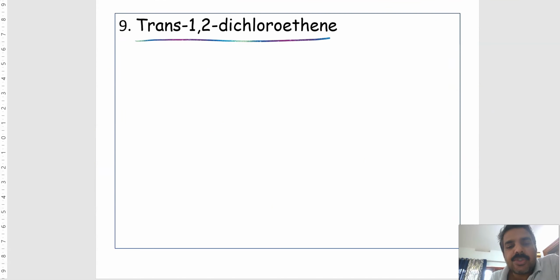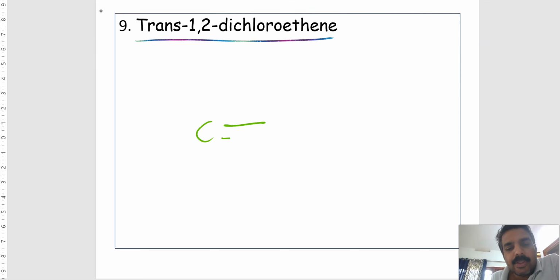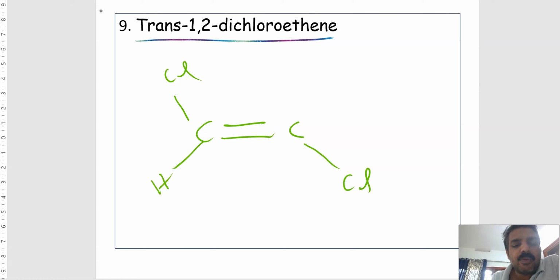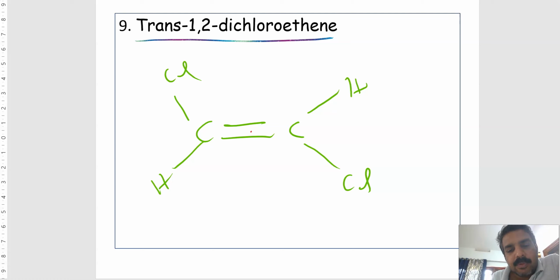Then next is trans-1,2-dichloroethene. This is the ethene molecule. Okay, this molecule has a C2 axis.